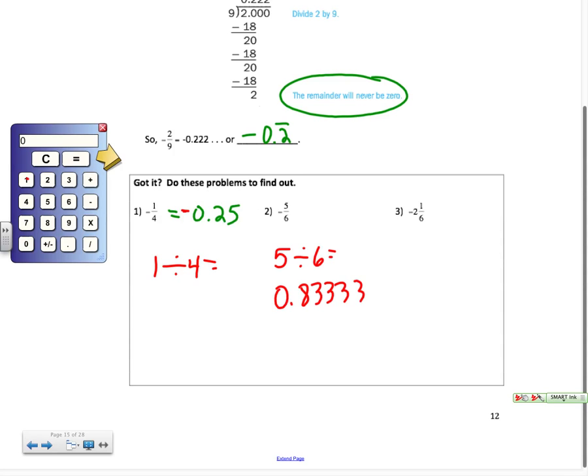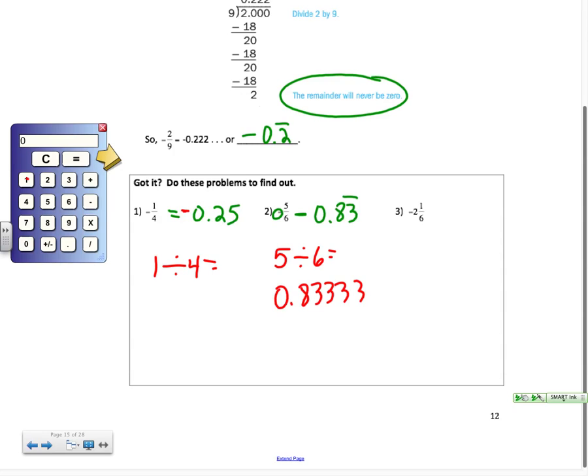To indicate that the number is repeating, we use our bar notation. What do I have to remember to put in front of that 0, everyone? The negative sign, because it's a negative. So we don't need to worry about a negative key on our calculator.